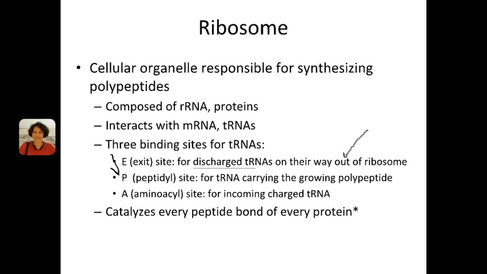The P stands for peptidyl, and it is for the tRNA that is carrying the growing polypeptide. And then we have the A site, or aminoacyl site, which is for the incoming tRNA. So the way that these were presented is sort of in reverse order. You're going to have the aminoacyl site, and then it's going to go to the P site, and then it's going to go to the E site.